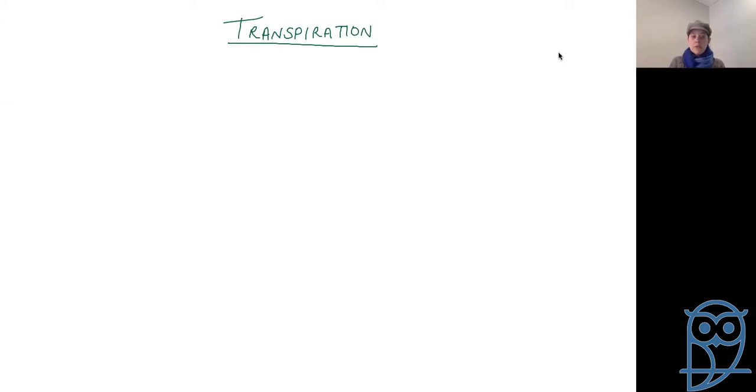Okay, we have a beautiful definition. So we'll do that, the whole concept of typing our definitions again. So transpiration is the loss of water vapor, see there, water vapor, from a plant's leaves to its environment.